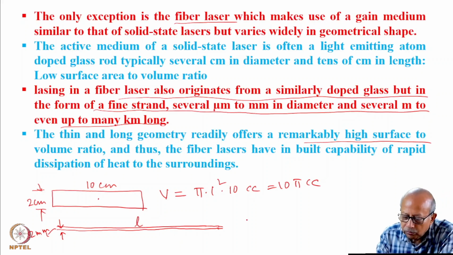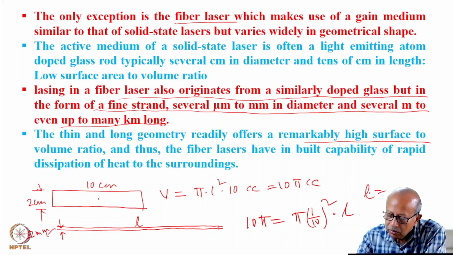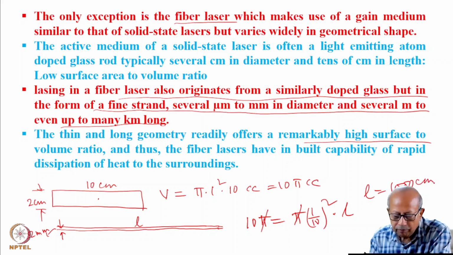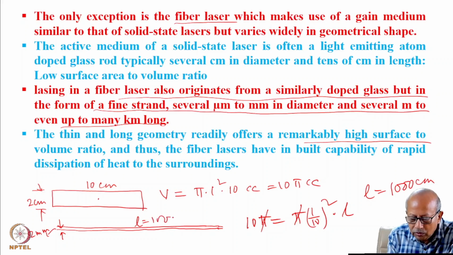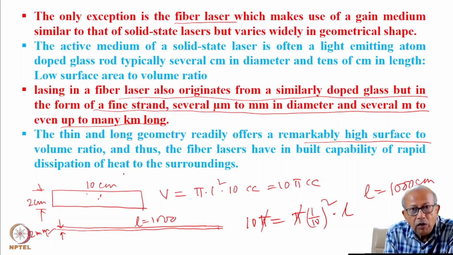So its volume also would be 10 pi cc. Its diameter is 2 mm, so its radius is 1 mm. Therefore pi into 1 by 10 square into its L, that we will have to determine. So L becomes, pi is cancelled, 100 into 10, 1000 centimeter. So its length becomes 1000 centimeter to give the same volume as that of this laser rod, which is 2 centimeter of diameter and 10 centimeter of length.